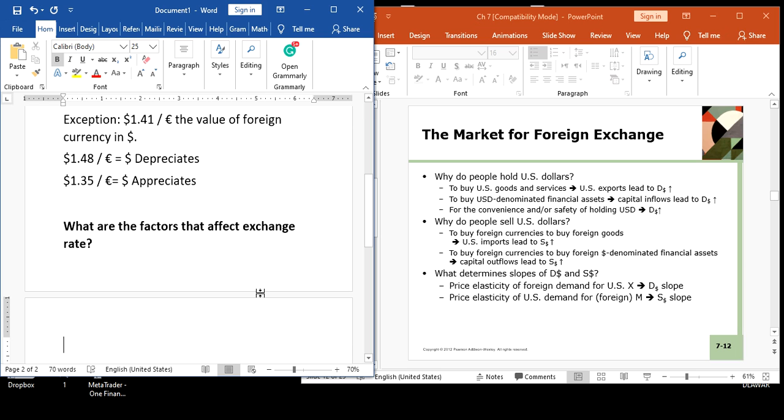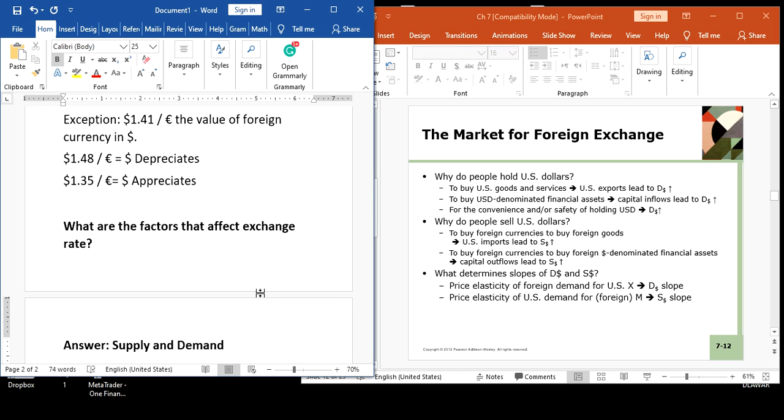Simply, the answer is supply and demand. The supply and demand for that currency determines the value of that currency. But there are many factors that affect the supply and demand.